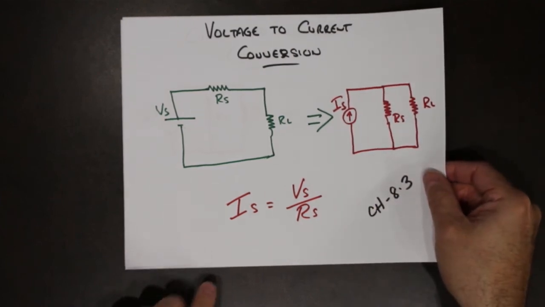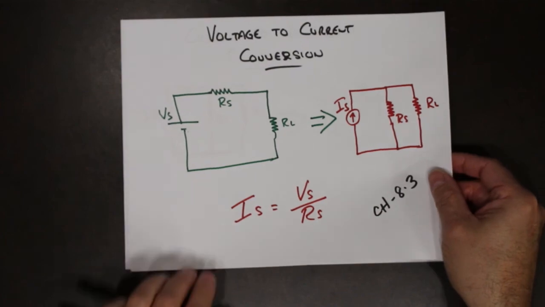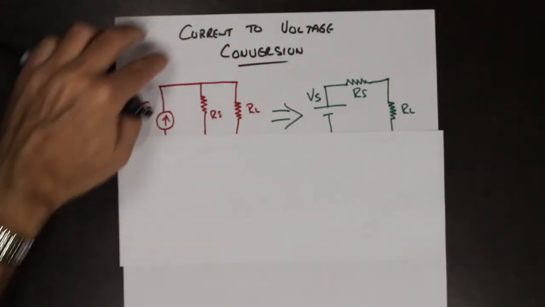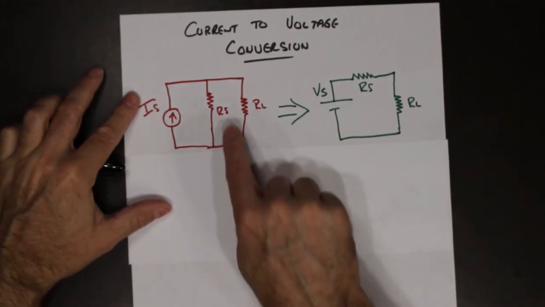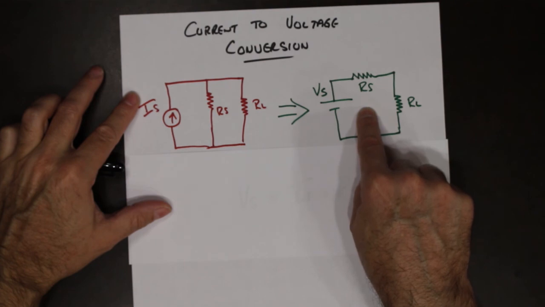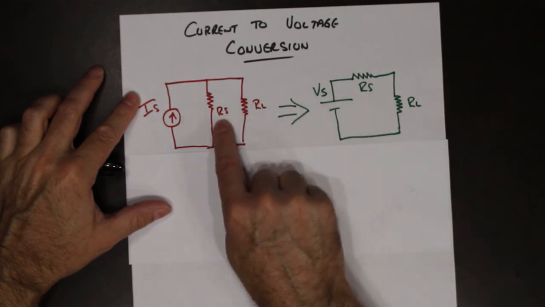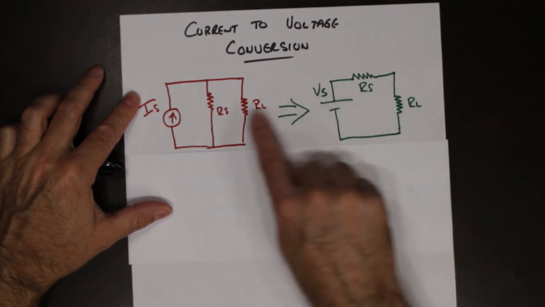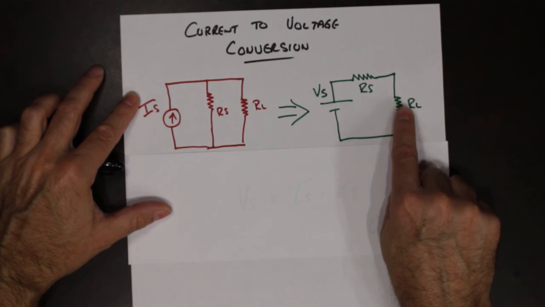Sometimes you want to go from a current source into a voltage source. The value of source resistance stays the same, it just changes location. The load stays the same.